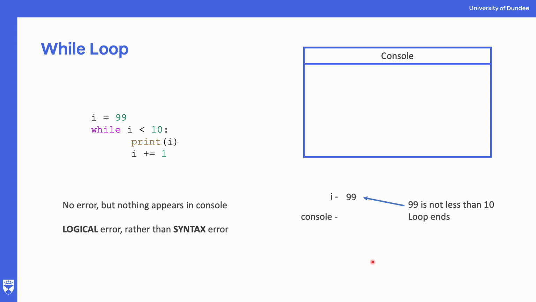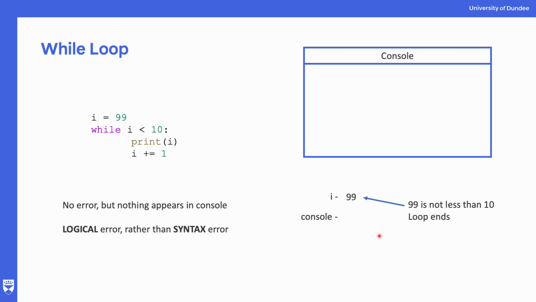That's why this exercise of jotting down on a bit of paper what's currently in i, what I think my variables currently are, is useful, and you can print them out to the console just to double check. I could print out what i is just before my while loop, and then I can see, oh, actually it's 99, something's gone wrong here. But it's not a syntax error.